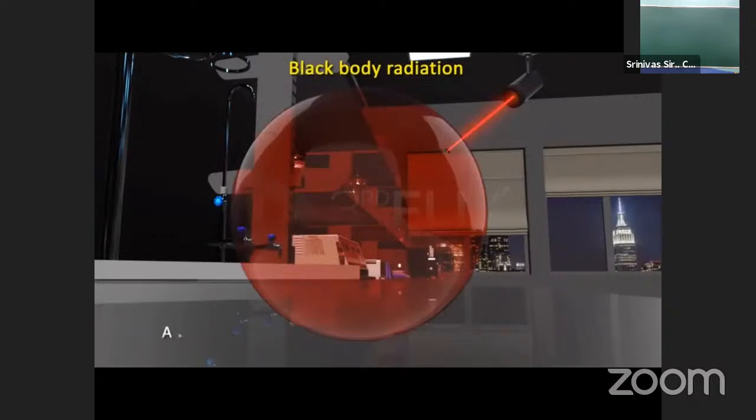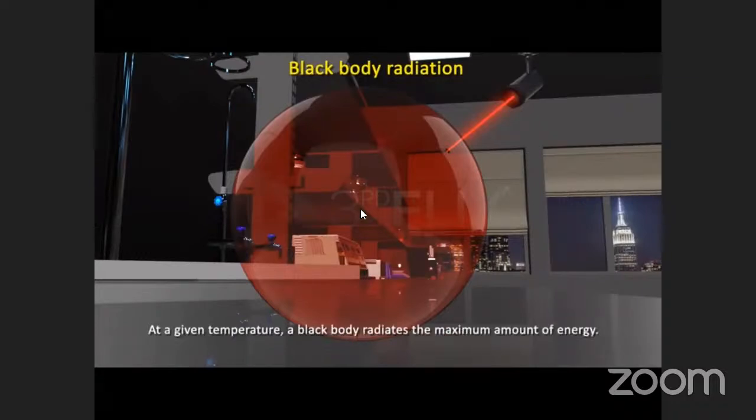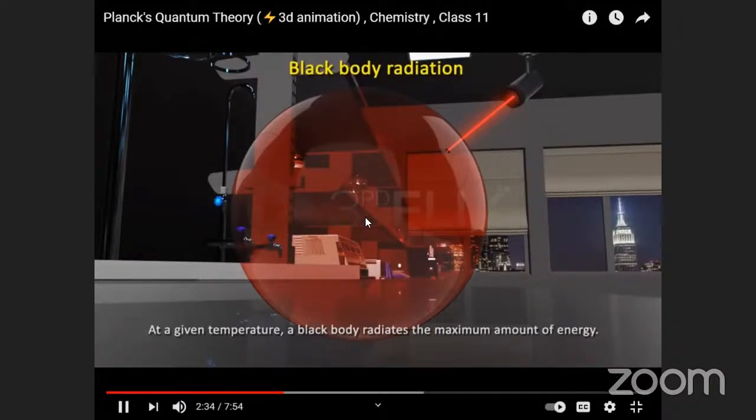Hence, a black body is a perfect absorber and emitter of radiant energy. It is to be noted that at a given temperature, a black body radiates maximum amount of energy. It further radiates the same amount of energy it has absorbed.